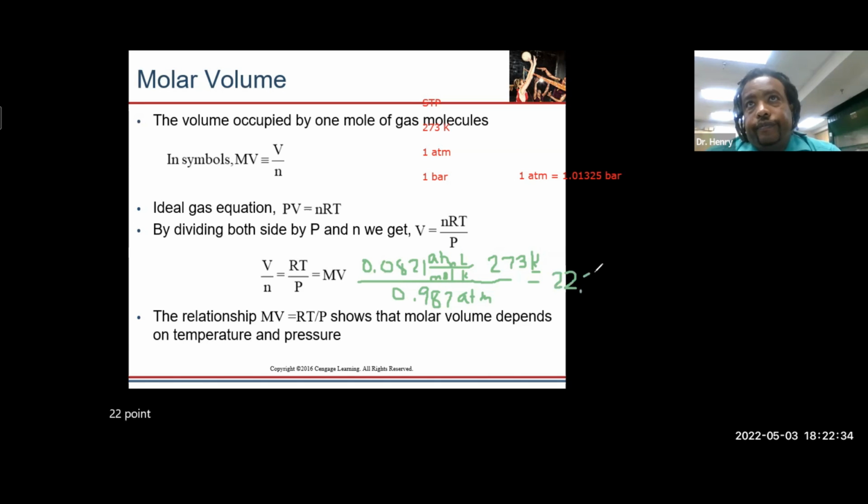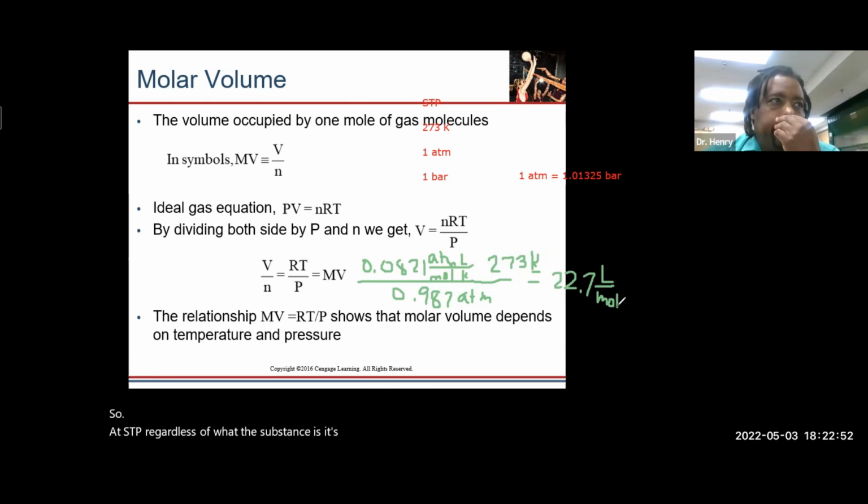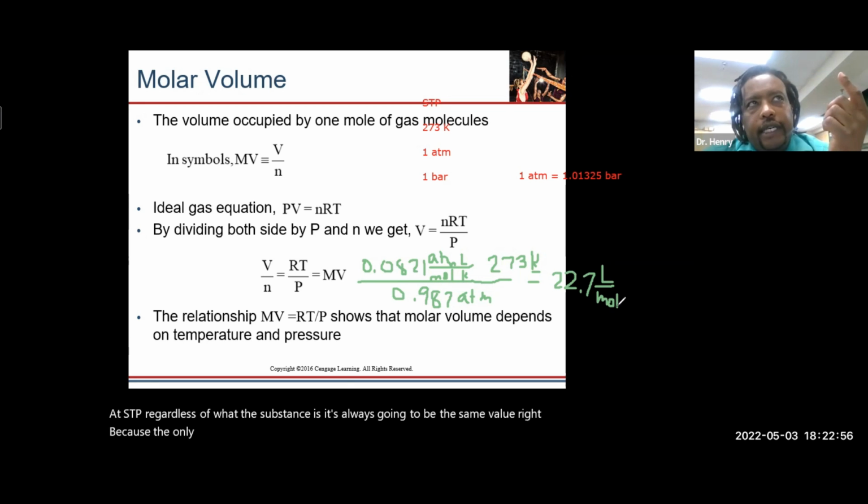22.7 liters per mole. Okay, so at STP, regardless of what the substance is, it's always going to be the same value, right? Because the only thing that you're going to be dependent on is temperature and pressure.